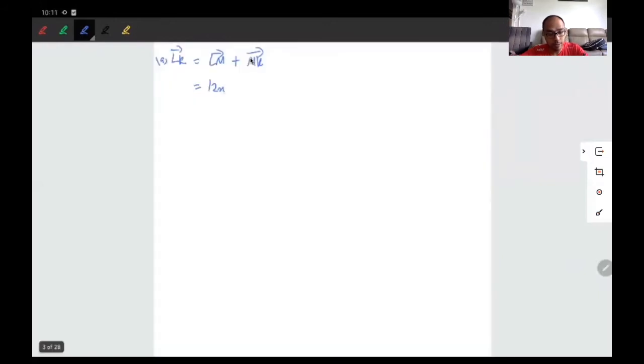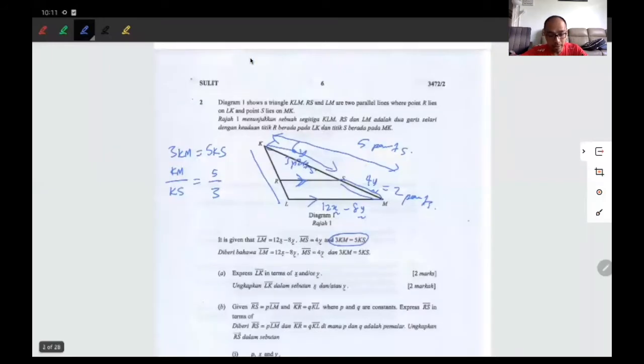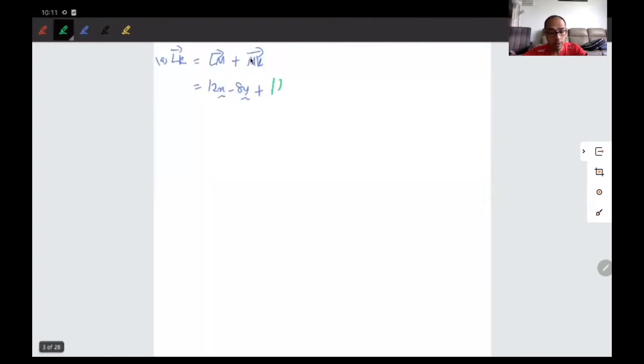So 12x minus 8y plus, and this is where the MK is very useful, M to K is 10y, because MS is 4y. That means the direction of the vector is going this way, so M to K is 10y altogether. So you get 12x minus 8y plus 10y, which is 12x plus 2y. This will be final answer number 1.